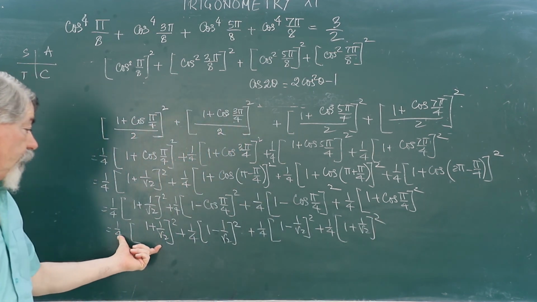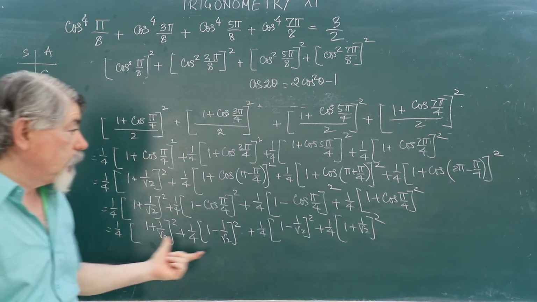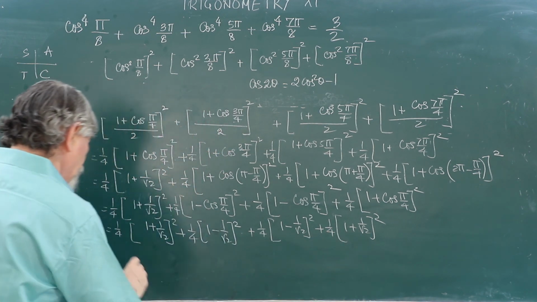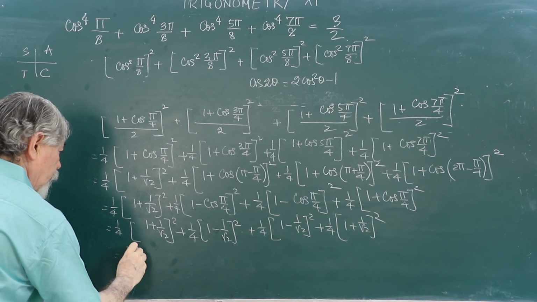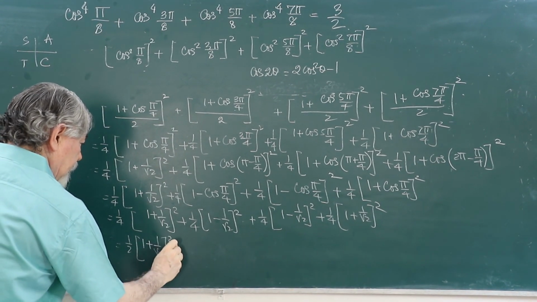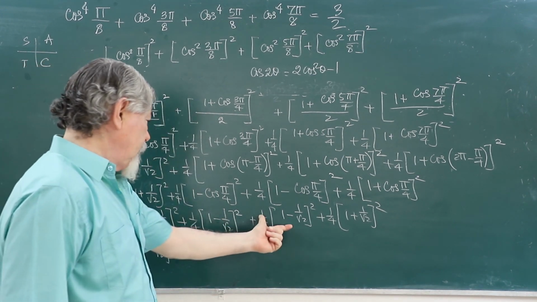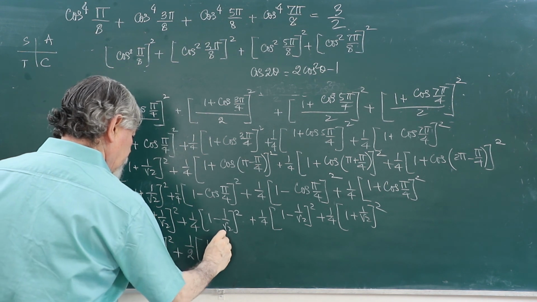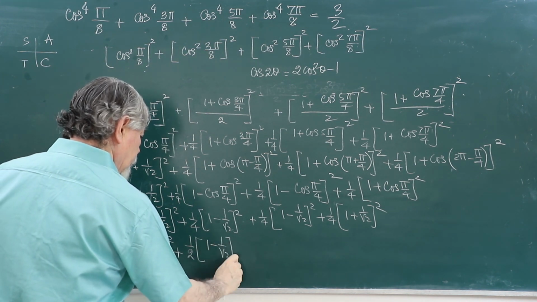This is 1/4 plus 1/4, so it will become 1/2 (1 + 1/√2)². Similarly, this and this will combine. It will become 1/2 (1 − 1/√2)².